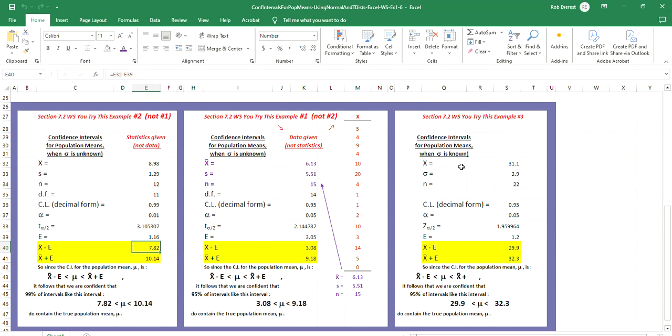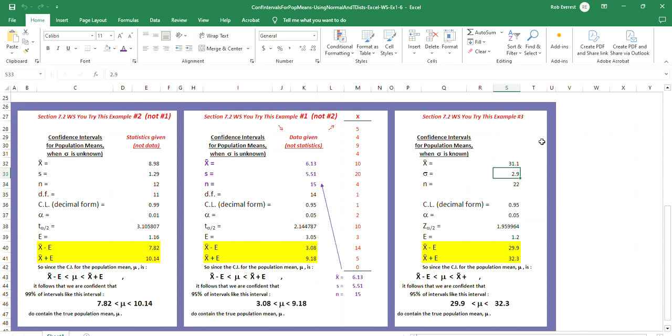Last example was yet another example of where we were dealing with birth weights of females, but instead of 30.9 being the average of a sample of 12 birth weights of females, the average was a little bit higher. It was 31.1, and that was coming from a sample of 22 birth weights for female.